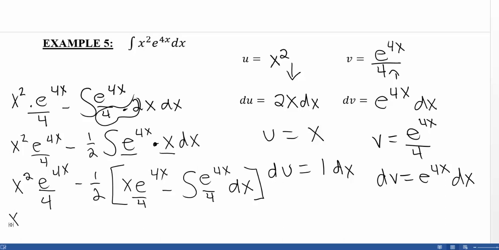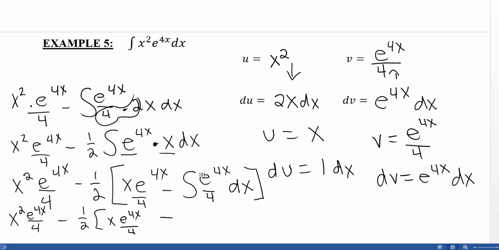So here, first term stays the same. Nothing's been changing there since the beginning. Minus 1/2 times x e to the 4x over 4 minus. Now, when you take the antiderivative here, normally I would pull the 1/4 out front before I did the antiderivative, but I'm running out of space, so I'm not going to do that. So instead, I'm just going to reason through this. If we had the 1/4 out front, it would be the constant multiple that multiplied the antiderivative of e to the 4x.